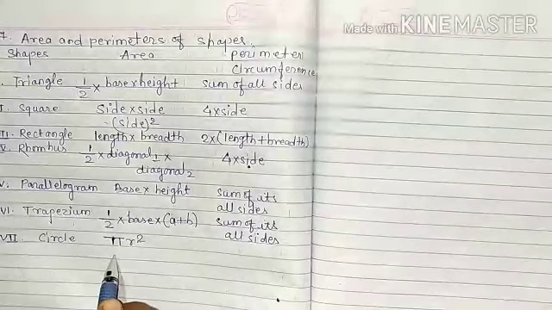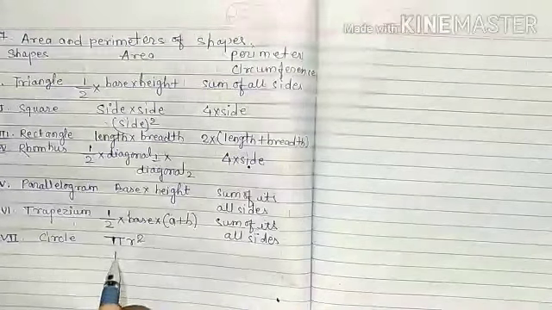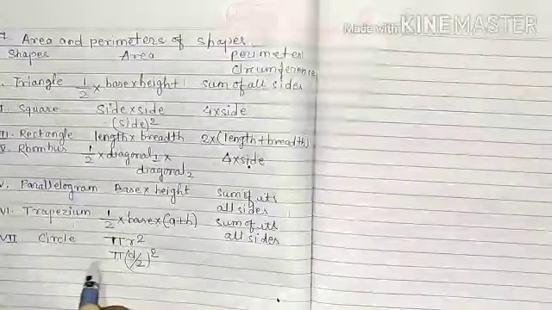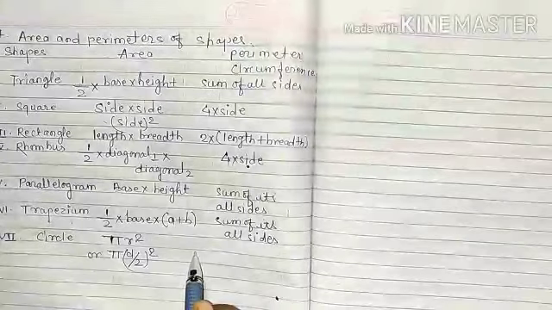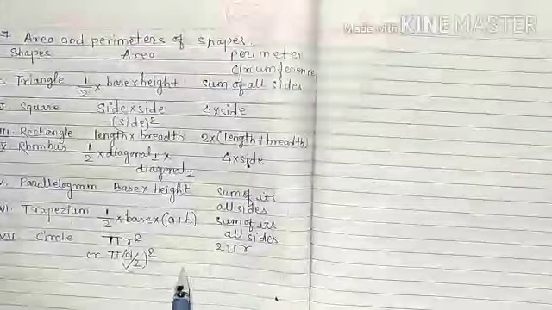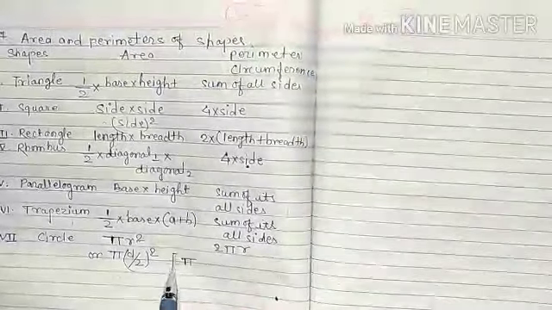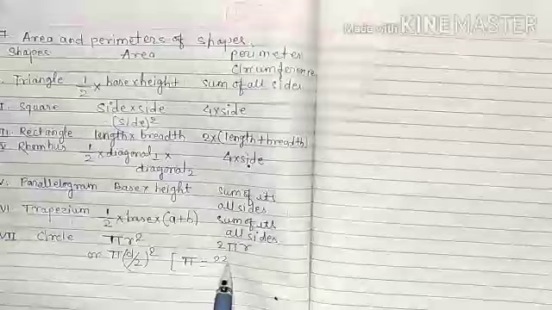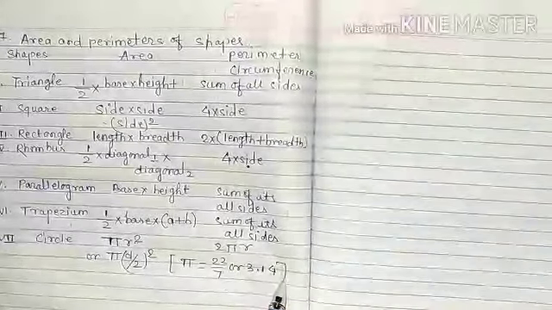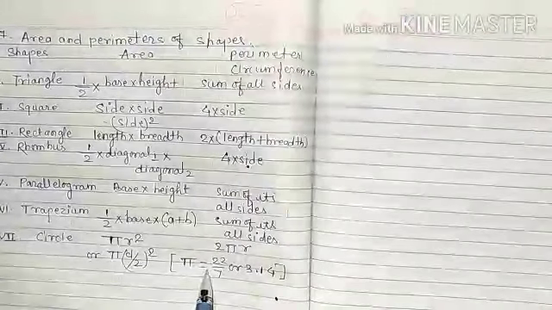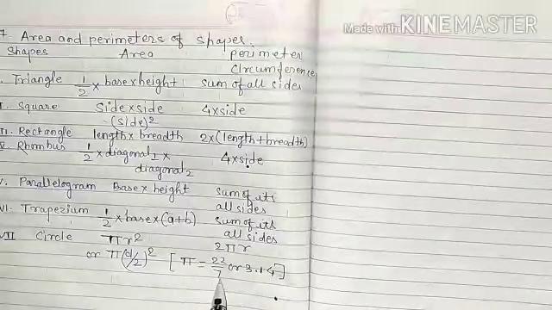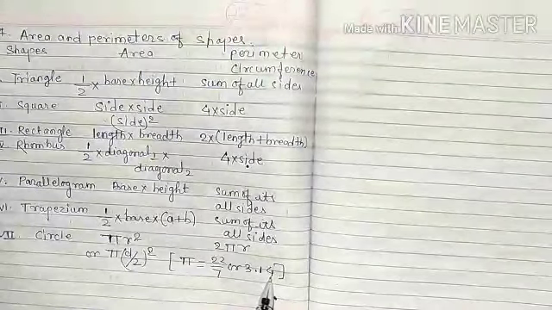Another formula for the area of a circle is pi into d upon 2 whole square, and the circumference of a circle is 2 pi r, where the value of pi is equal to 22/7 or 3.14 in decimal. We remember the value of pi as 22/7 in fractions, or 3.14 in decimal.